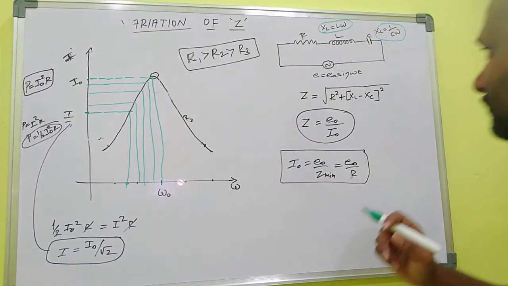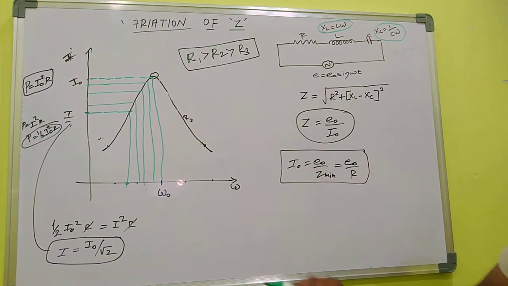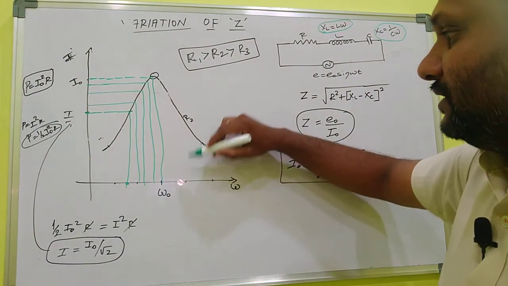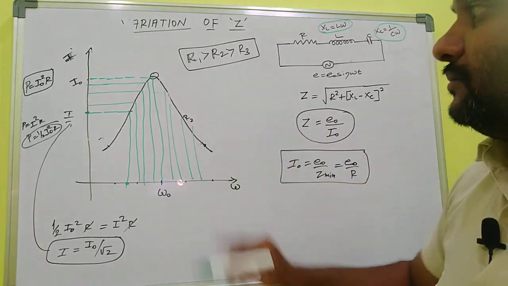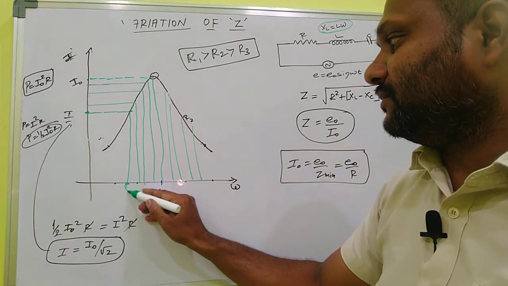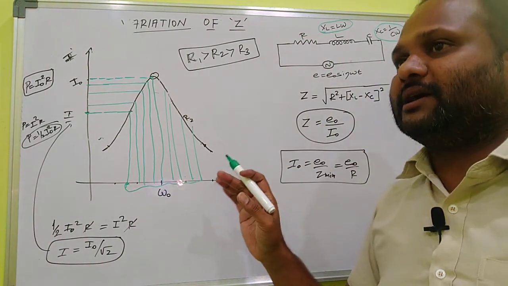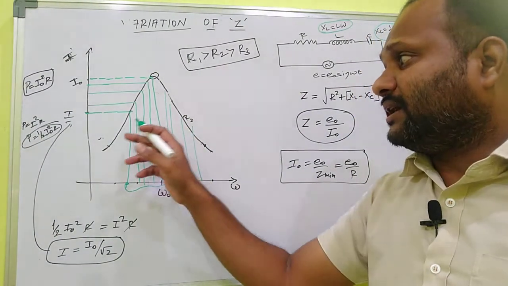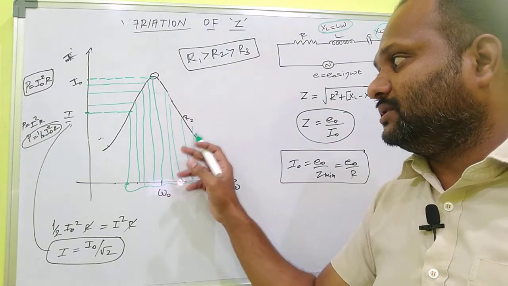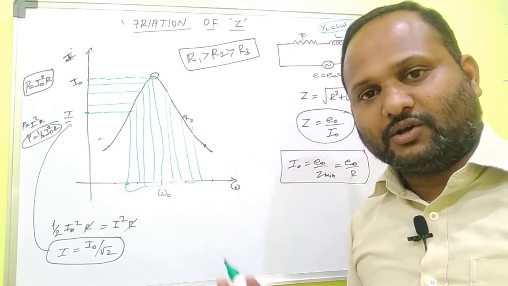When we apply several frequencies, from this frequency to this frequency, a large number of frequencies, and EMF E equals E naught sin omega t is applied in the AC circuit, in a radio tuning circuit, we can hear the sound from this to this. All are audible.